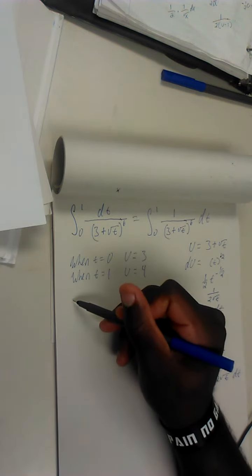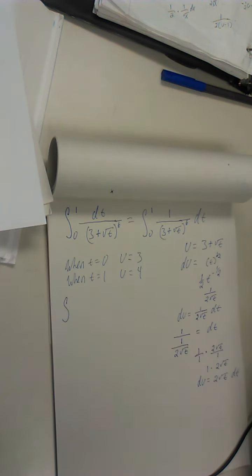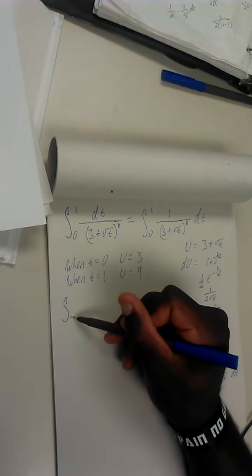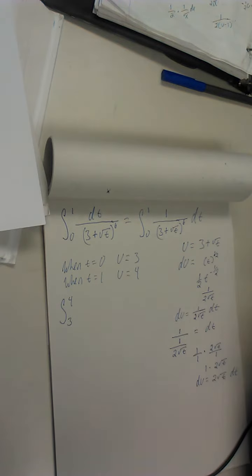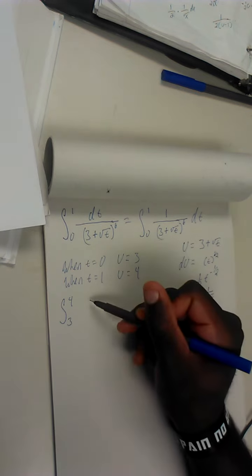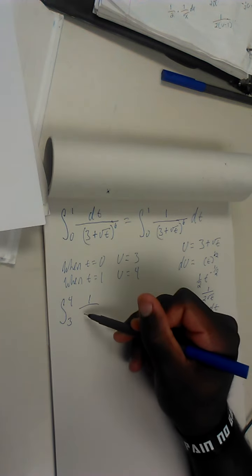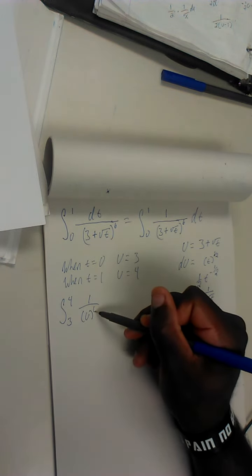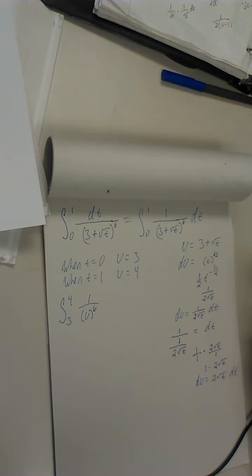So let's go ahead and set our integral up. The integral going from 3 to 4, you're looking at a 1 over u to the 6th, and again, I just have to make sure everything is lining up correctly.